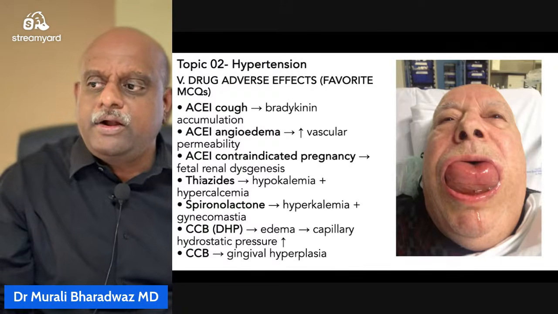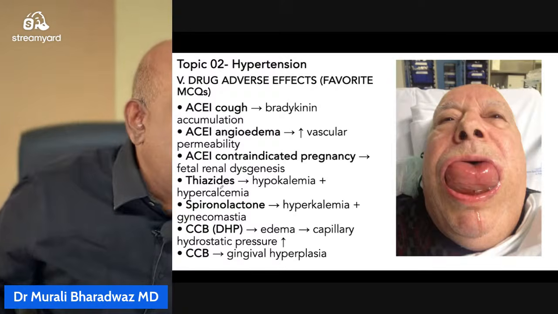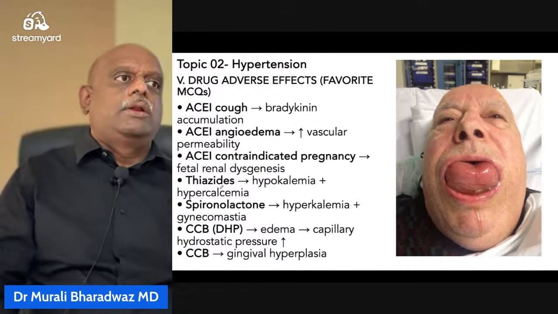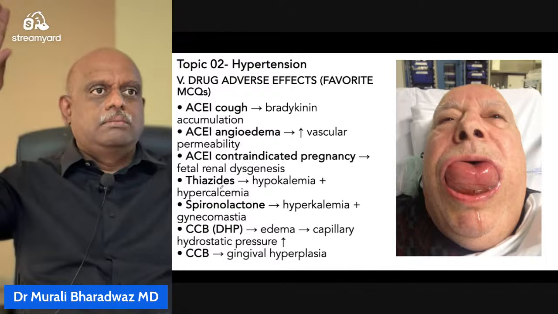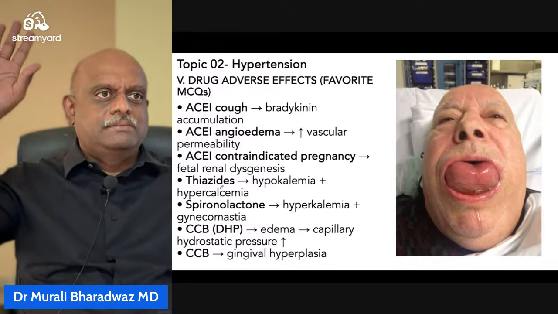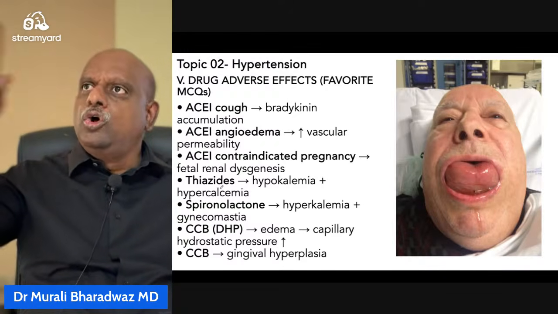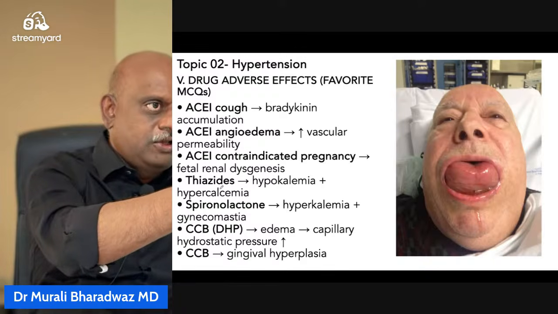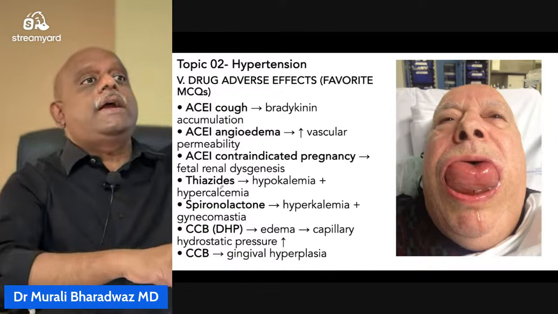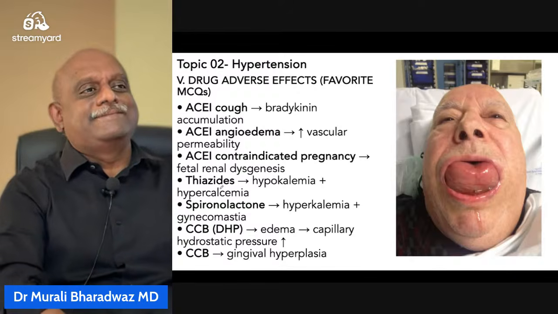Then thiazide diuretics, whenever you give them, remember, you have thiazide diuretic and loop diuretic. Don't forget this dictum. Say after me. Loop diuretics lose calcium. Loop diuretics lose calcium. Thiazide diuretics retain calcium.